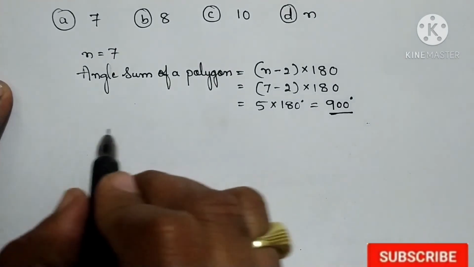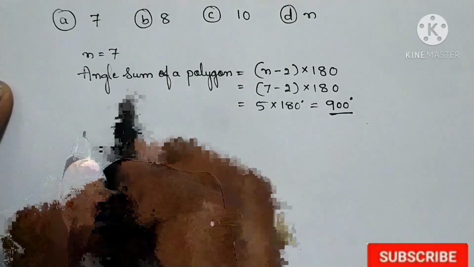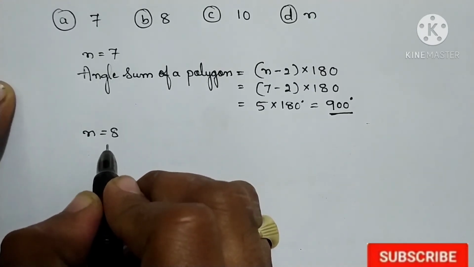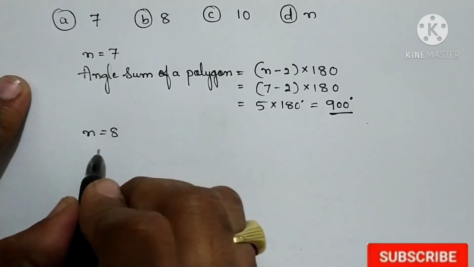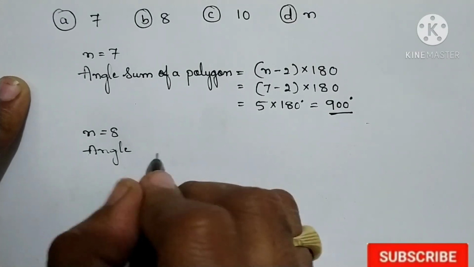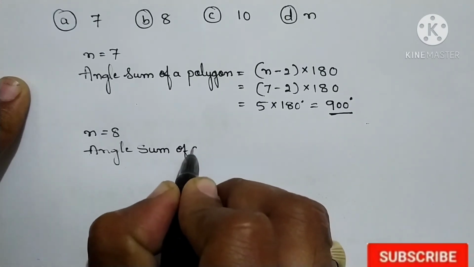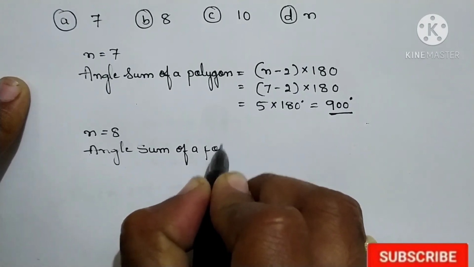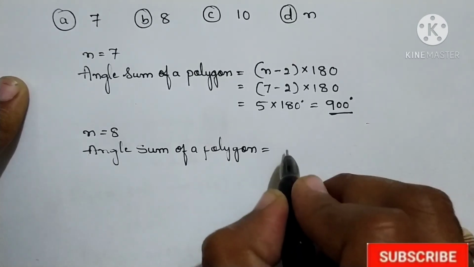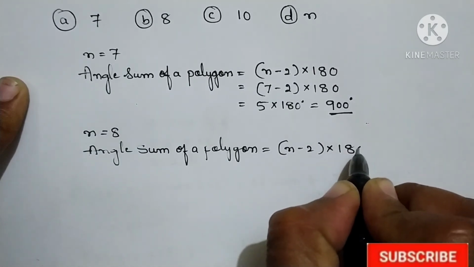Similarly, now we will go to B. B, what is there? 8. That means n is equal to 8. Then the angle sum of a polygon is equal to n minus 2 into 180 degrees.